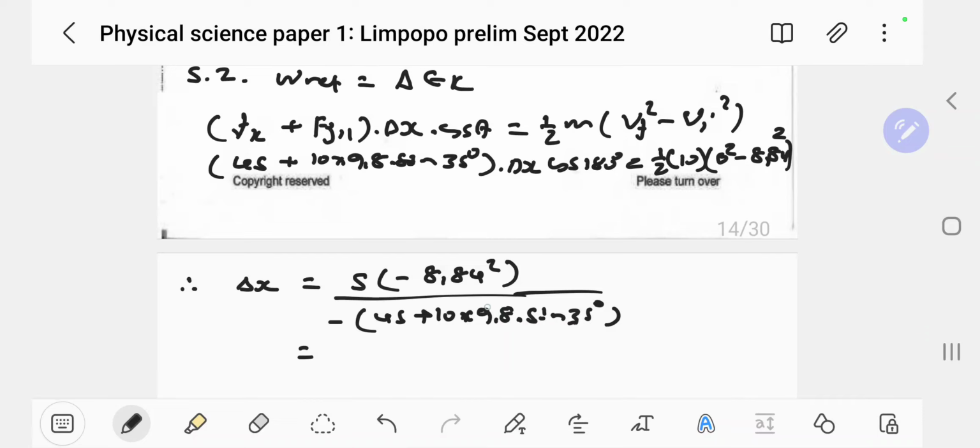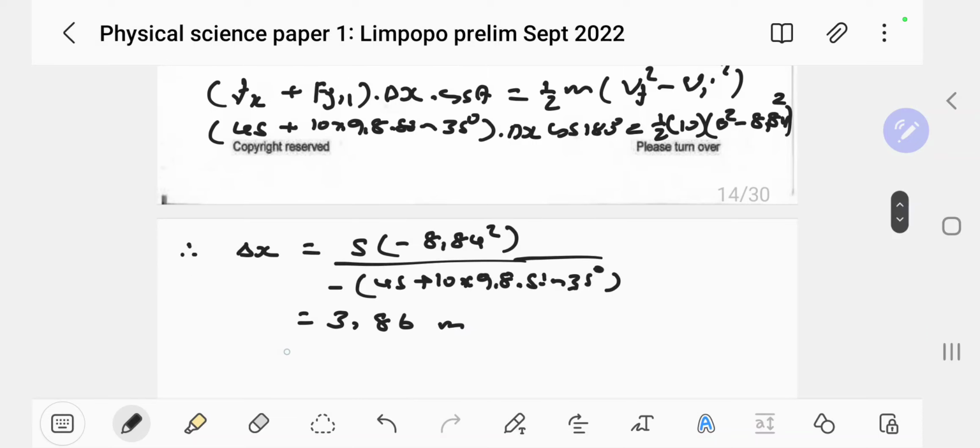Okay, I'm getting 3,86 meters. I think that is the best I can get at this point.